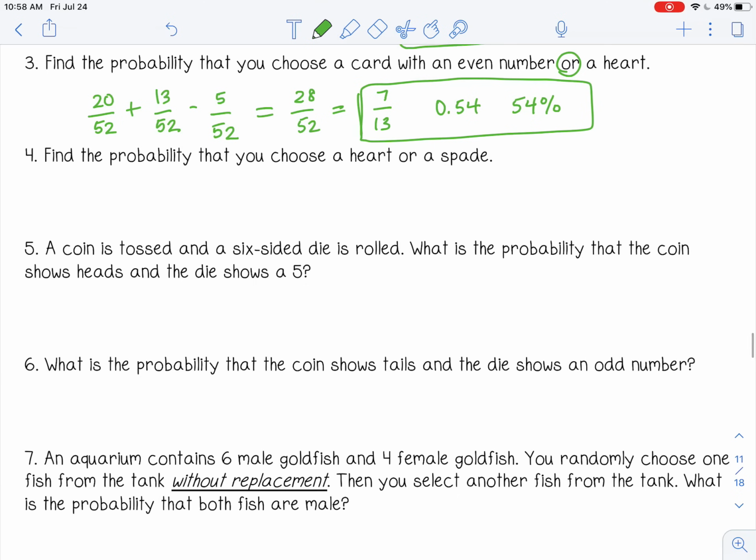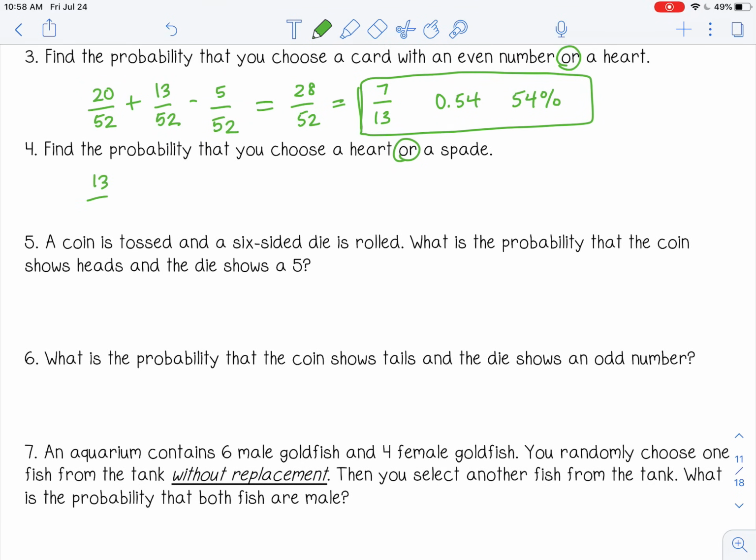All right, number 4, find the probability that you choose a heart or a spade. So there's 13 hearts. This is an OR event, so we're adding. There's 13 spades. All right, let's see if this overlaps. Are there any cards that are both hearts and spades?